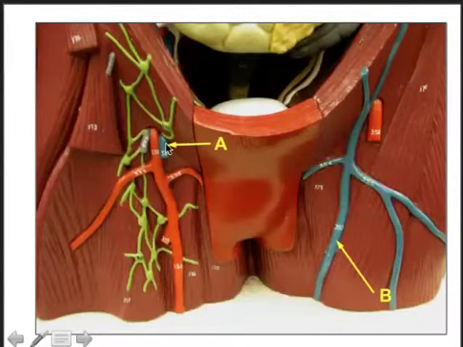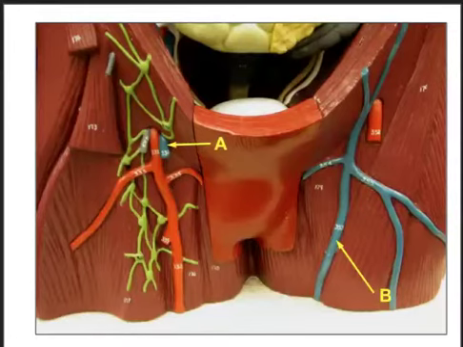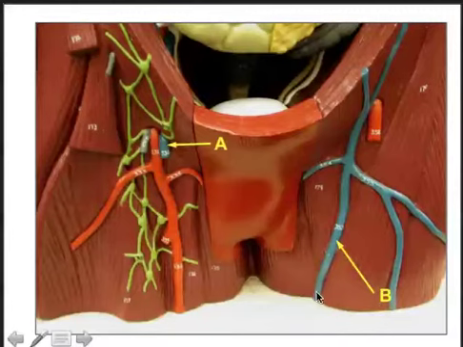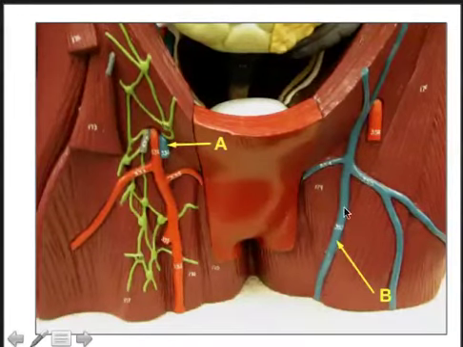A is the femoral vein. It's the femoral vein because it has now left the confines of the abdominal pelvic cavity, and now it is a deep vein near the femur, hence the name the femoral vein. On the other side, we see a superficial vessel that runs along the medial aspect of the thigh. This is the great saphenous vein.